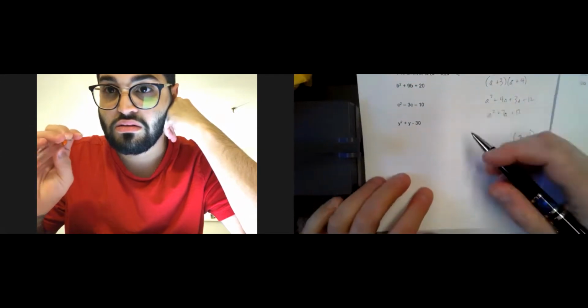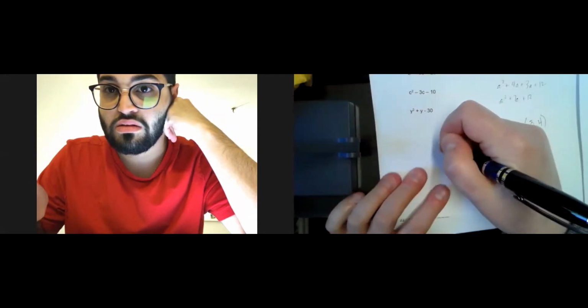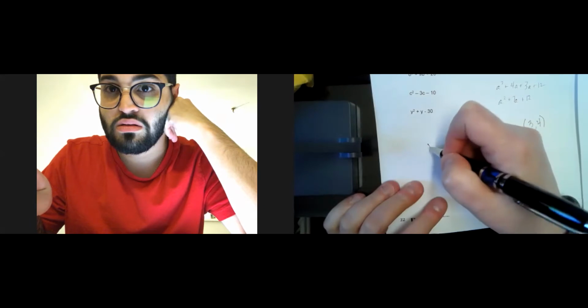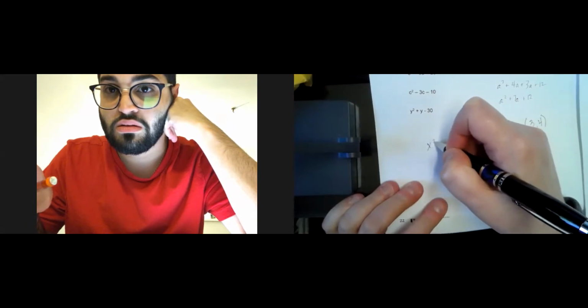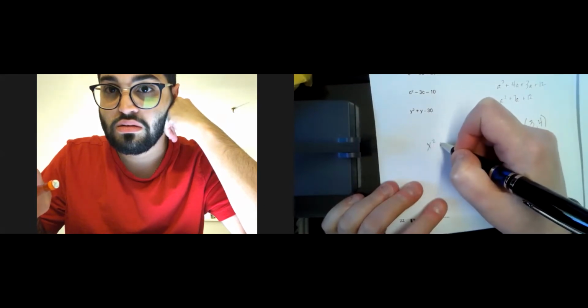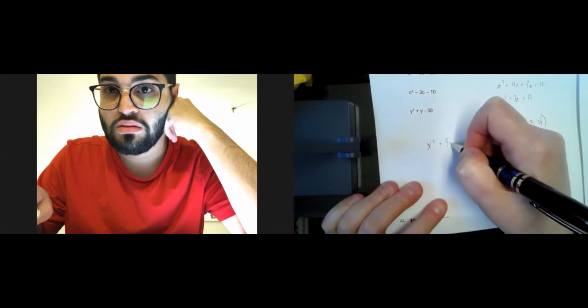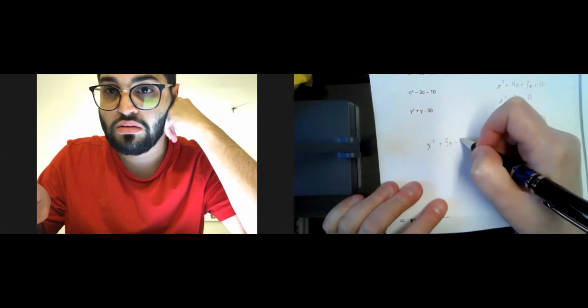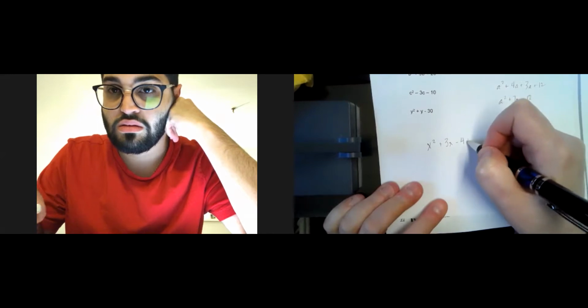So on this, I'm going to rewrite this problem from the other problem on the test. x squared plus 3x minus 4 equals 6.